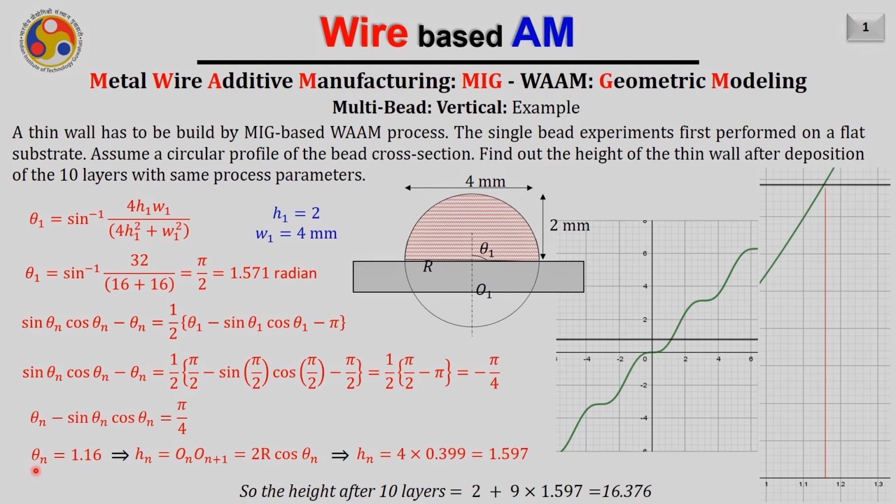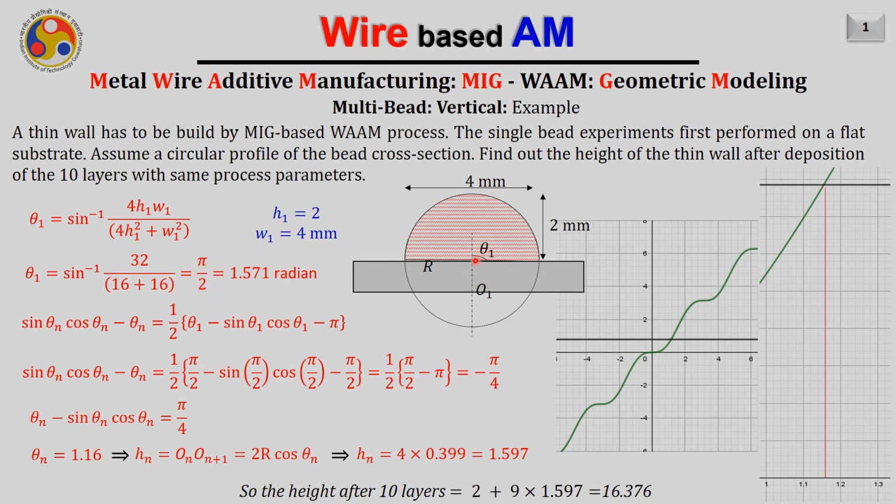Once I have the value of theta n, I can easily obtain the height of the bead obtained after deposition in the nth layer. The height of the bead in the nth layer will be equal to O n O n plus 1, which we have already seen, and it equals 2r cos theta n. Now the value of r is 2 here, because theta 1 was pi by 2.